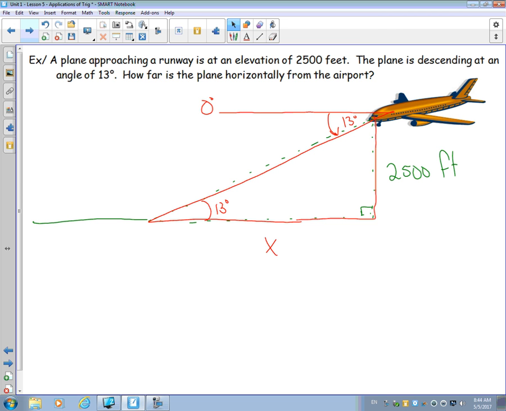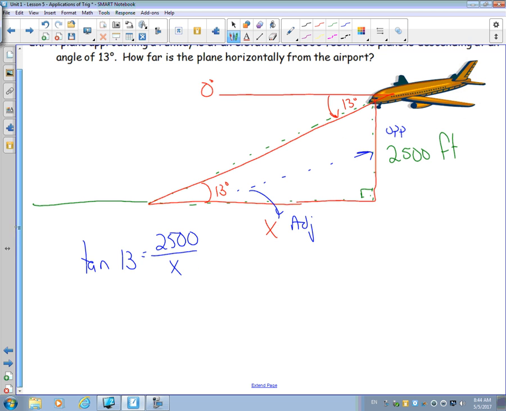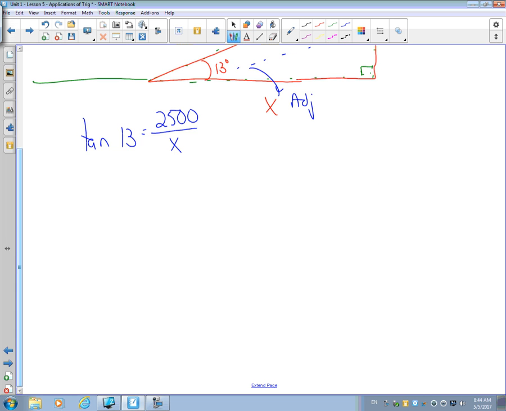Okay, let's do our labeling. This is my opposite. This is my adjacent. That looks like a tan question one more time. So I have the tan of 13 equals opposite over adjacent. Well, we've done a question like this already today. It's like the first one.